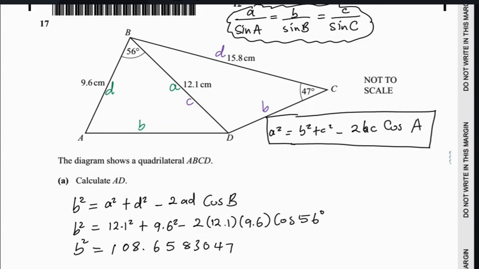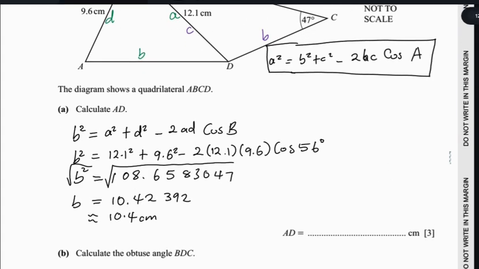Then I'm going to take the square root of the answer, because we need to insert a square root on this side and a square root on the other side. So b is equal to 10.42392, which is approximately 10.4 to 3 significant figures. So our AD value is 10.4 centimeters.